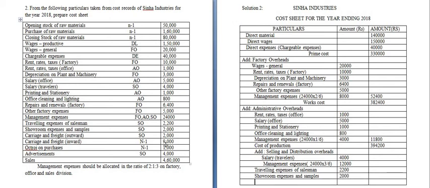Okay, now next, carriage and freight outward. Carriage and freight outward means at the time of selling of goods, expenses incurred, carriage as well as freight. Okay, write it. Amount is 2000.